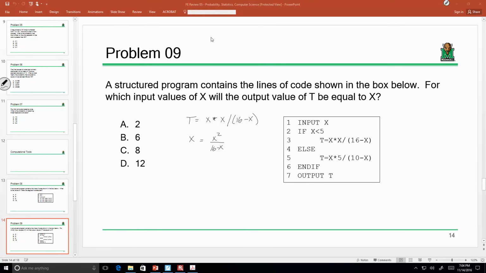What do I have? X times 16 minus x equals x squared, right? With me on that? So 16x minus x squared equals x squared. So what is that? 16x equals 2x squared. 8x equals x squared, so x squared minus 8x equals 0. X equals 0 and 8.